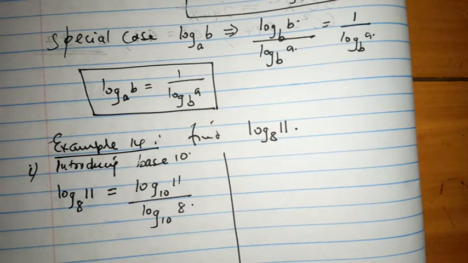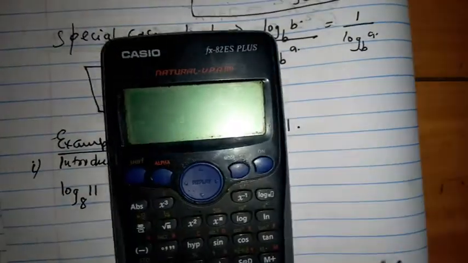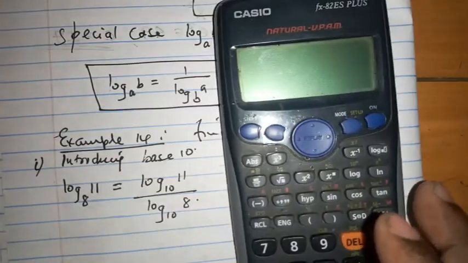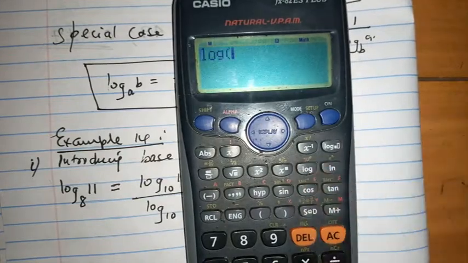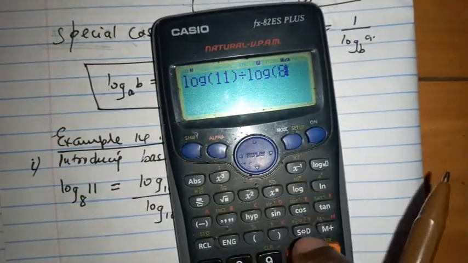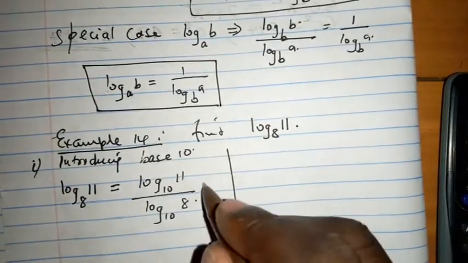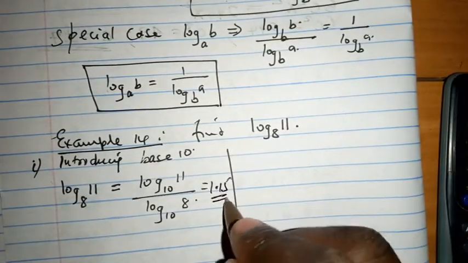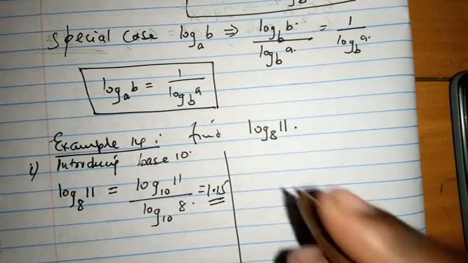This is simply log 11, because it captures base 10, divided by log 8, and this is simply 1.15. So this is 1.15 to three significant figures as illustrated.